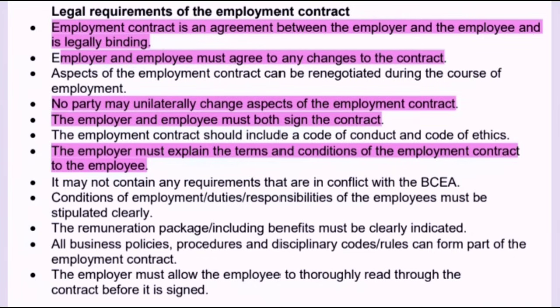Something that is legal that must be done: the employer and the employee must both sign the employment contract. Employer and employee must agree to any changes to the employment contract. Number 3, no party may unilaterally change the employment contract.